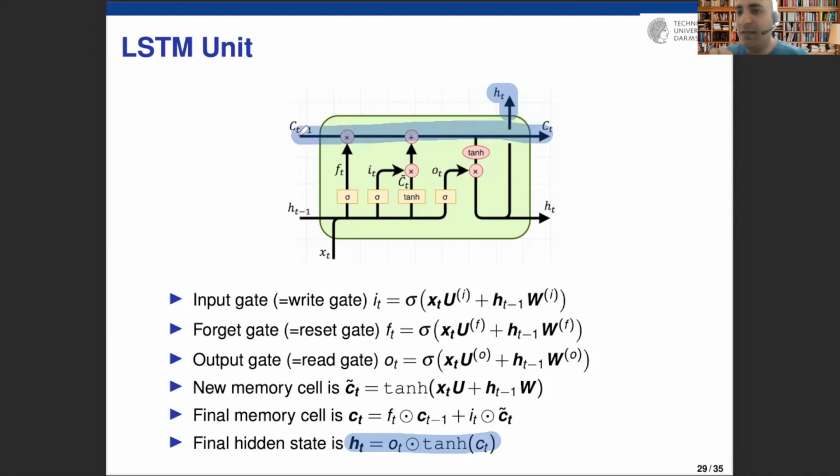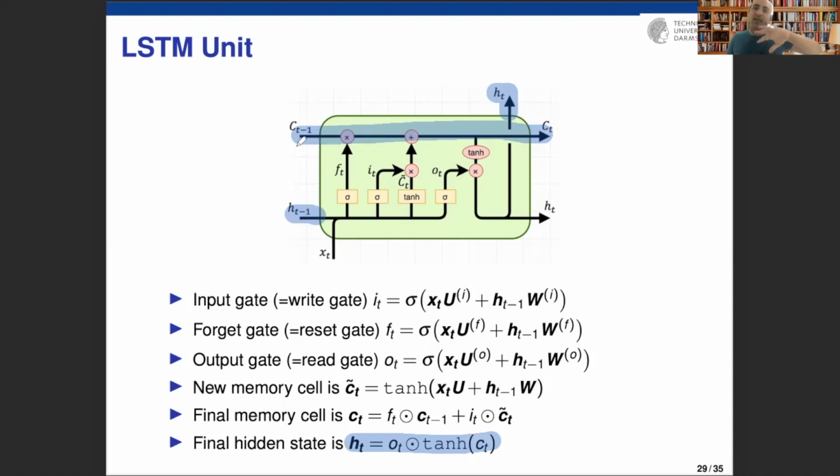The difference between LSTM and GRU is that between different time steps we transfer two vectors. One vector is ht minus 1, and the other vector is the context, or ct minus 1.